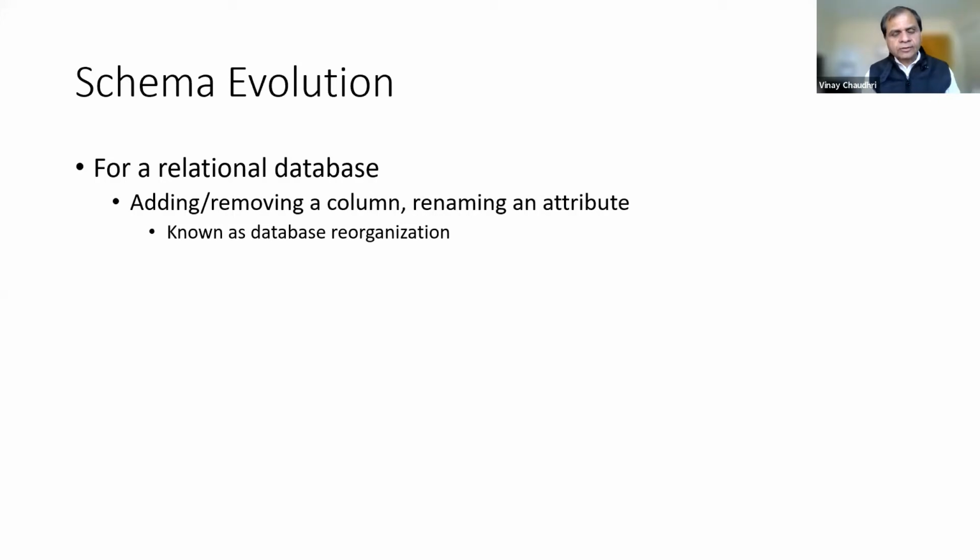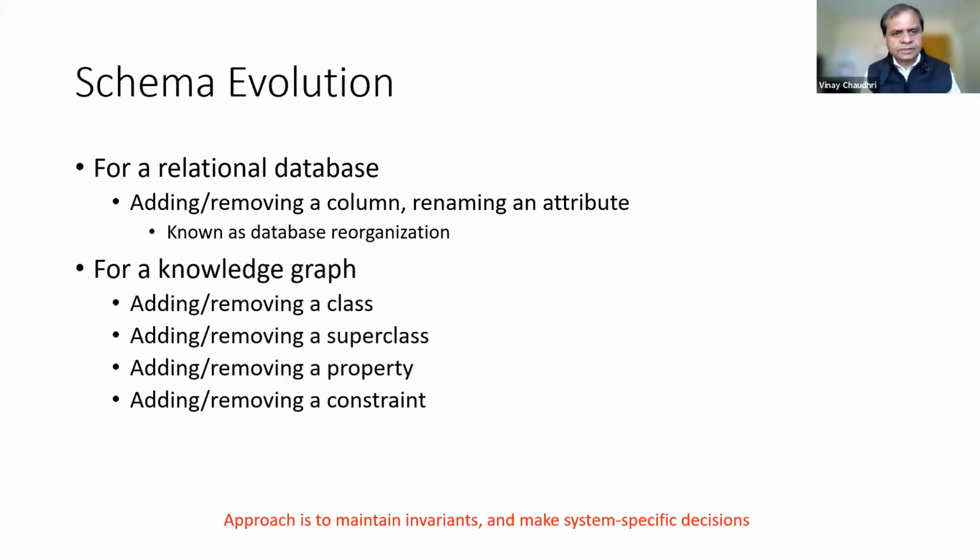But in a knowledge graph, the schema can be a little bit more complex, and you can have changes such as adding or removing classes, adding or removing superclasses, adding or removing properties, adding and removing constraints, some examples of which we saw earlier. And many of these changes have been researched under the field of object-oriented databases under the heading of schema evolution.